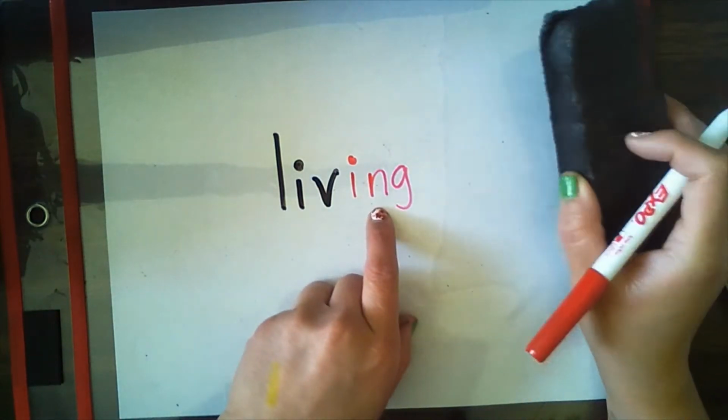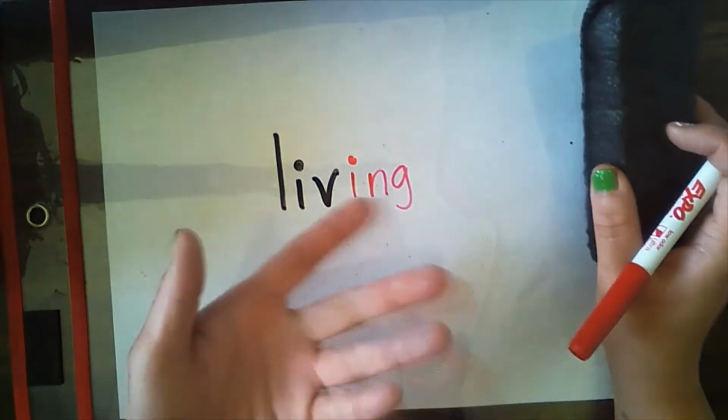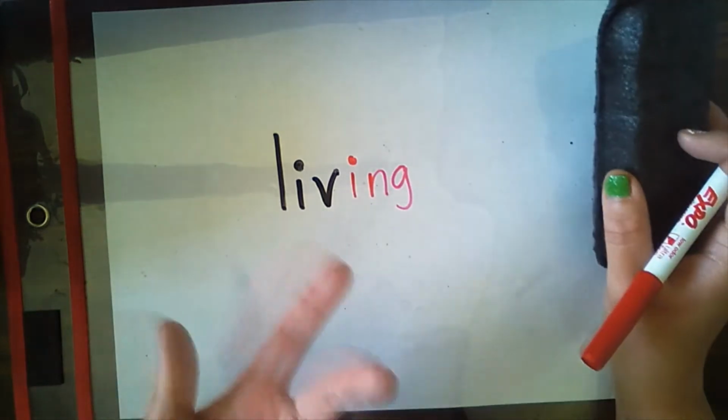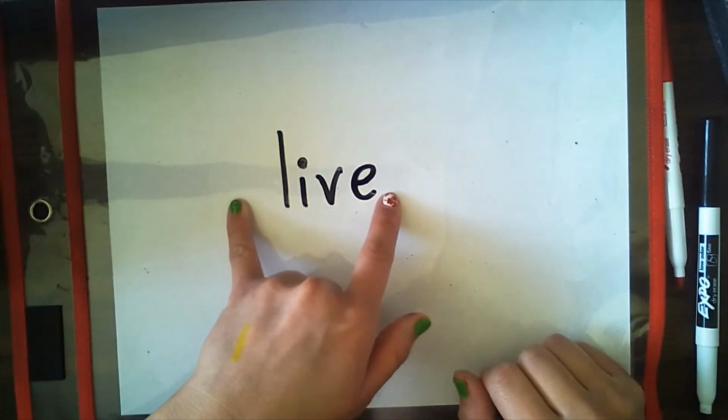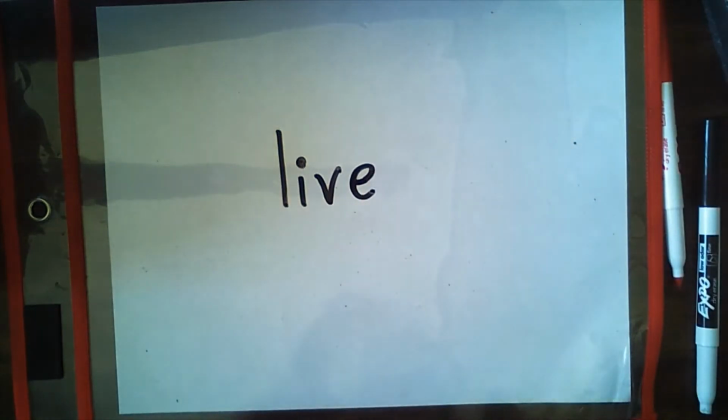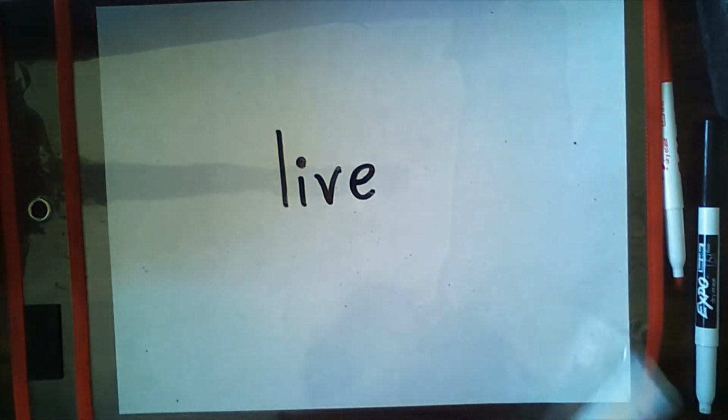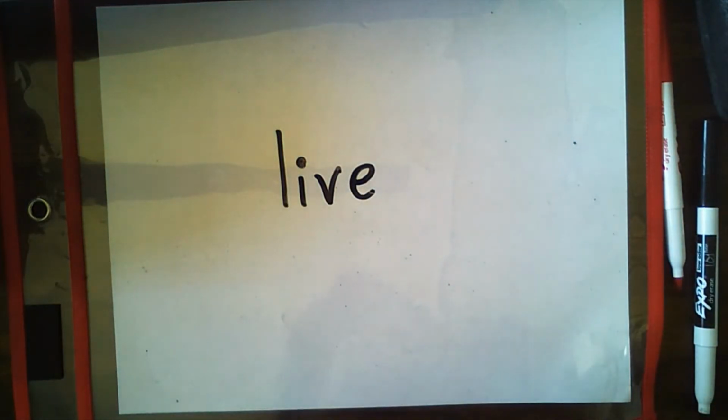Sometimes when we add suffixes like ing, we have to take away a letter from the original base word. Okay, let's go ahead and go back. I'm going to add our base word back. Read, live. Now watch as I'm going to add a prefix.